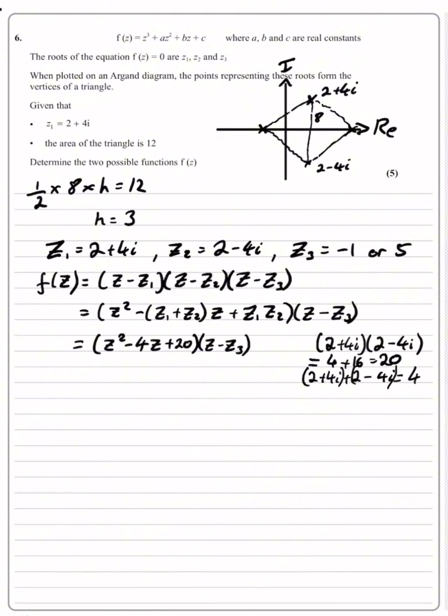Okay, so now we'll deal with the 2 possible values of z3 separately. Let's deal with the negative 1 root first.